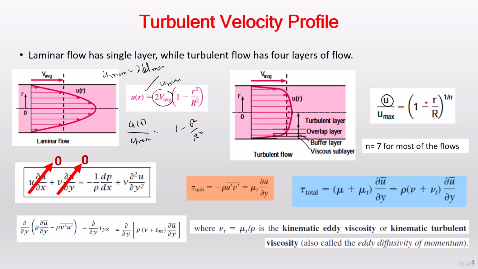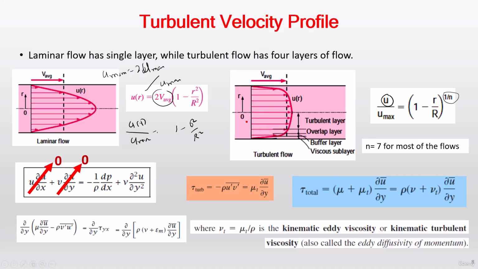But here almost a similar thing, 1 minus r upon R, but the whole power is 1 upon n. So n is an index that will vary for different flows, and usually it is 7 for most of the flows, but its value actually varies from lower to higher values depending on Reynolds number. So we discussed that thing.